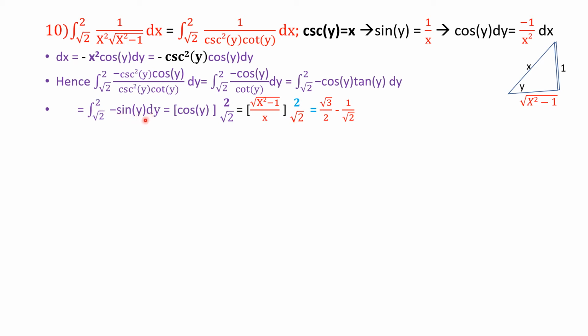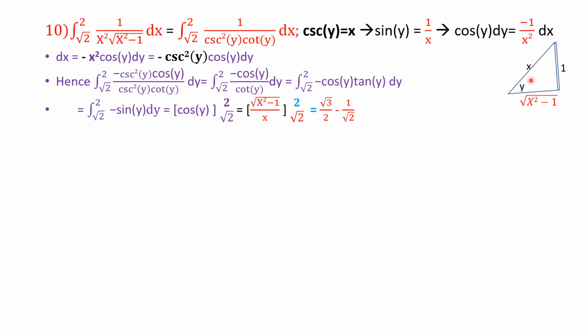If we apply the integration of negative sine y, it will give us cosine y. And we're going to keep the limits for the function of x, because we'll change this one to a function of x. How can we change this trigonometric function to a function of x? We go to the triangle. In the triangle, we have to look for cosine y. Cosine y is the adjacent divided by the hypotenuse.